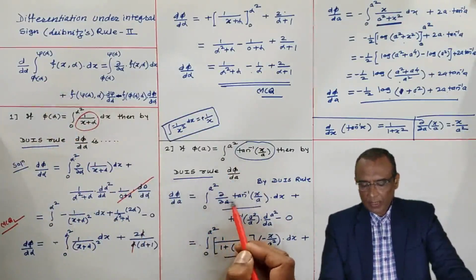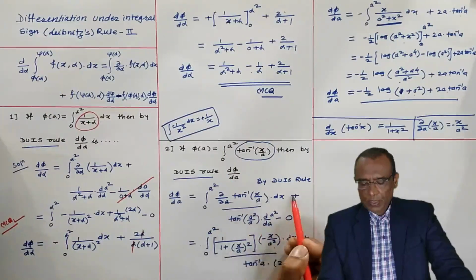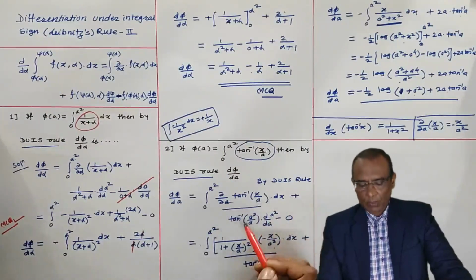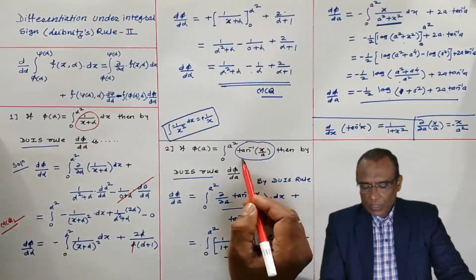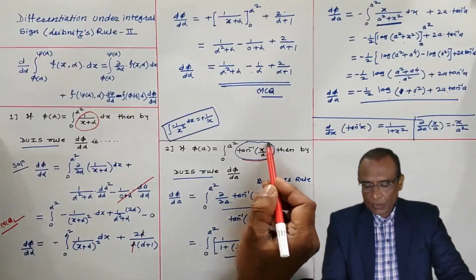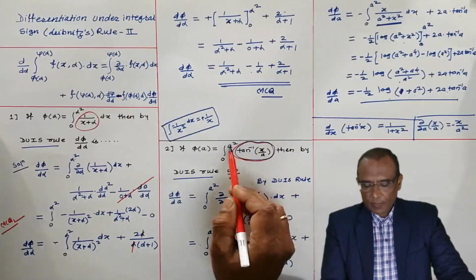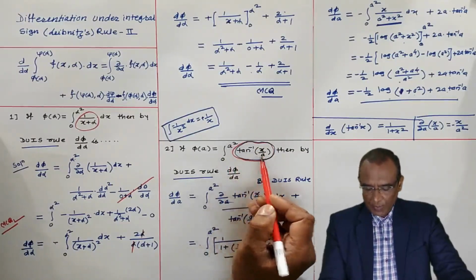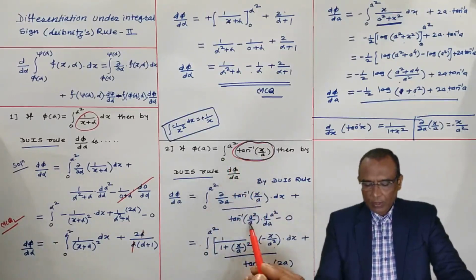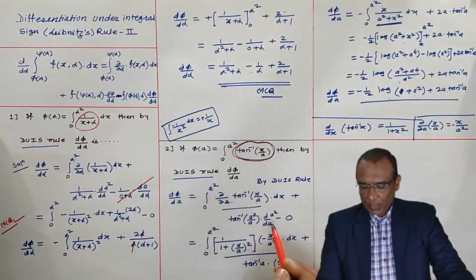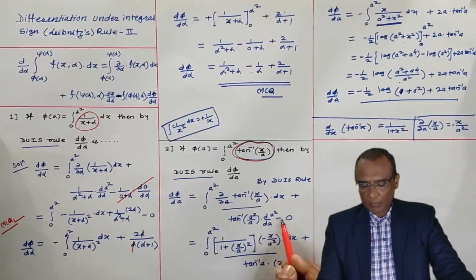It will become del by del a, plus the second term. In the second term, this is the function to be integrated. Put x equal to a square, tan inverse of a square by a, multiplied by the derivative of a square, minus the third term.